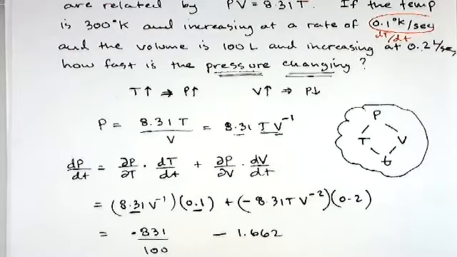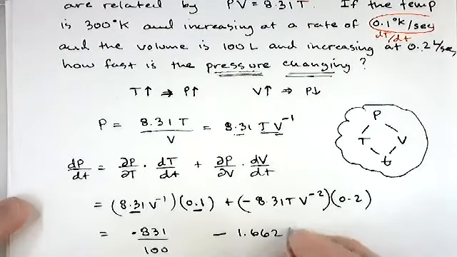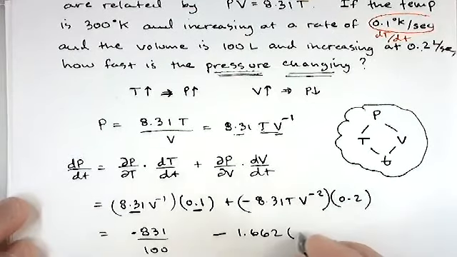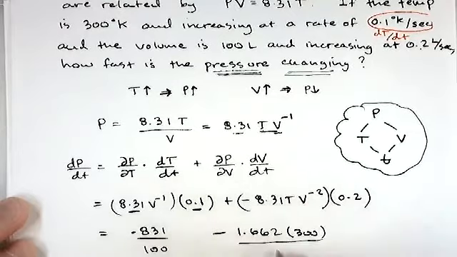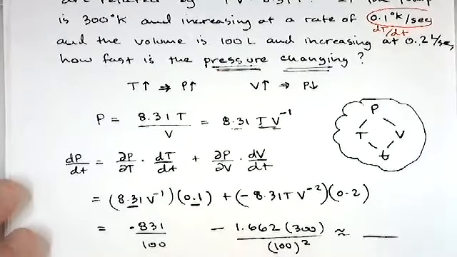And times my temperature, which was 300 degrees Kelvin, and then divided by volume squared, 100 squared. I have no clue what that is. I need a calculator. Or maybe I do. You guys are probably faster than I am.